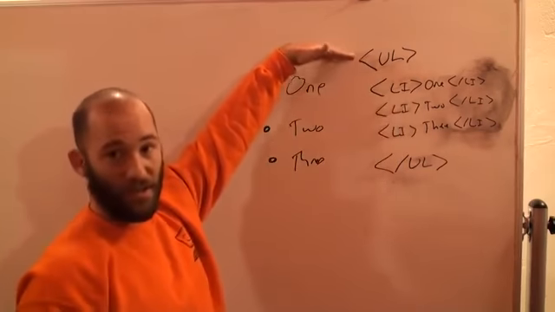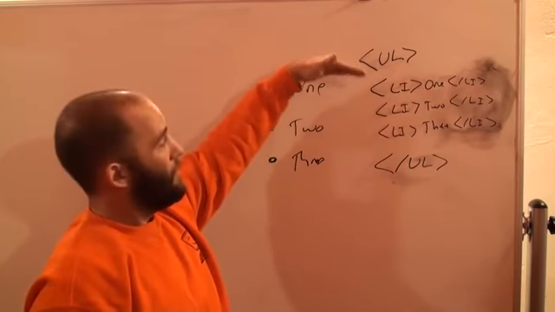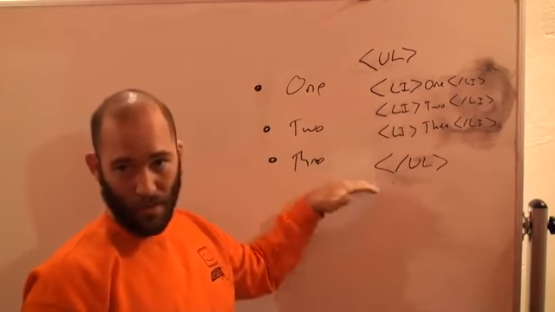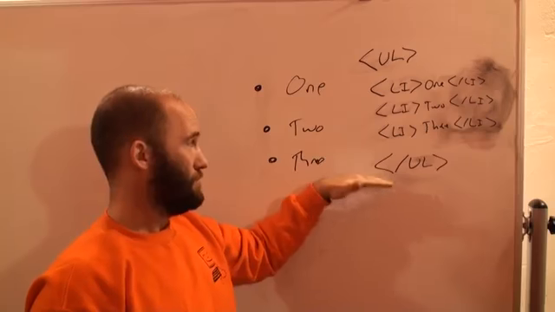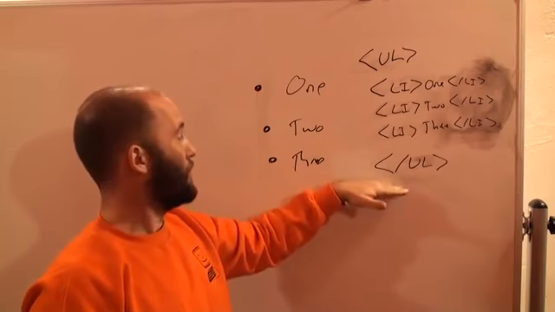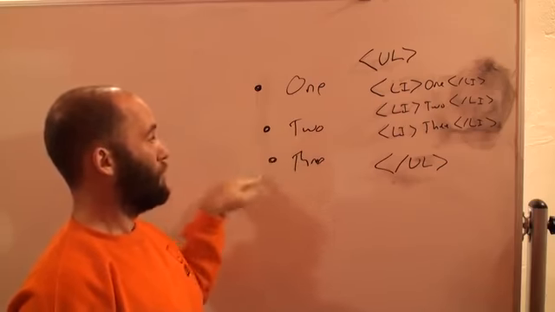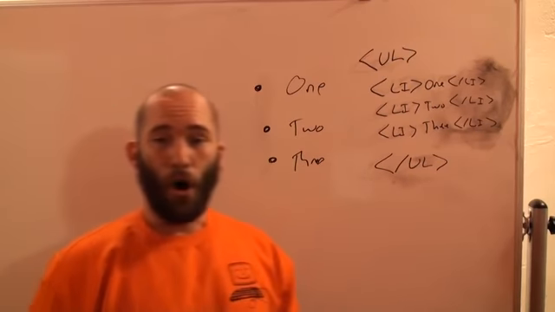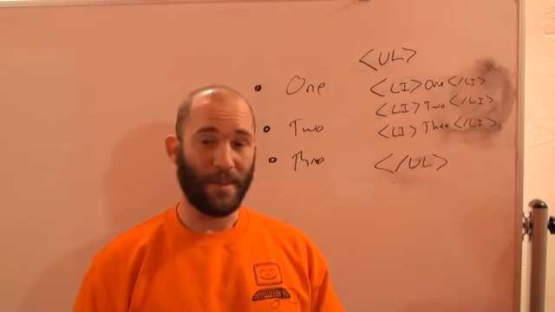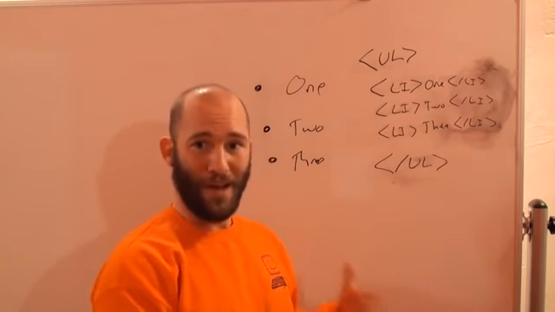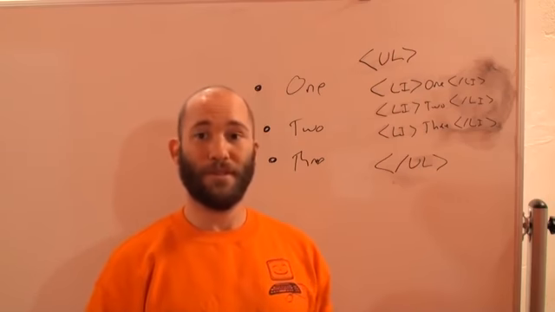So this starts your unordered list, this is list item 1, list item 2, list item 3, and then you close your unordered list. This will give you bullet points: bullet point 1, bullet point 2, bullet point 3, and that's all you have to do to create lists within HTML. Let's go back to the computer, and I'll actually code this out for you.